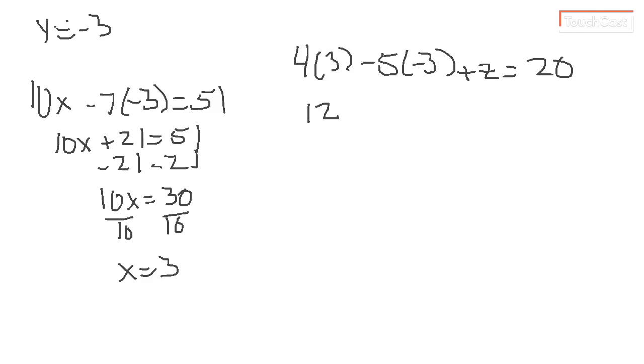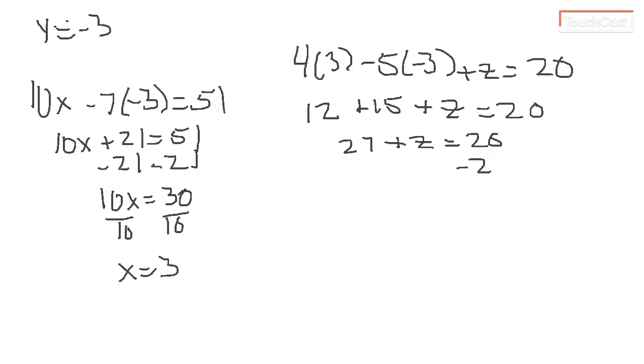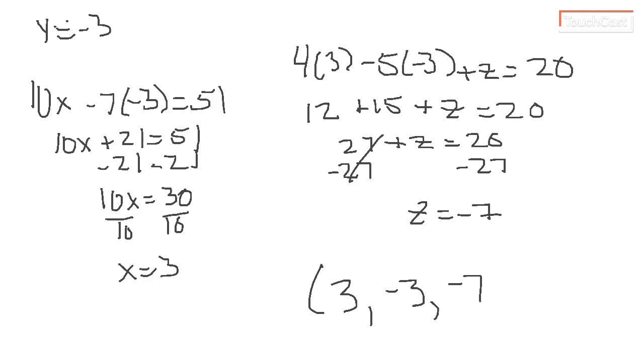Negative 5 times negative 3 is plus 15, plus z equals 20. 12 and 15, if we combine them, makes 27 plus z equals 20. So if I subtract 27 from both sides, we're going to get z is equal to negative 7. So our ordered triple is going to be our x, 3, our y, negative 3, and our z, negative 7.